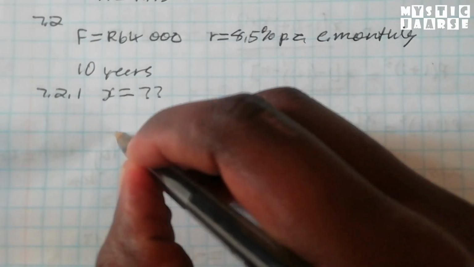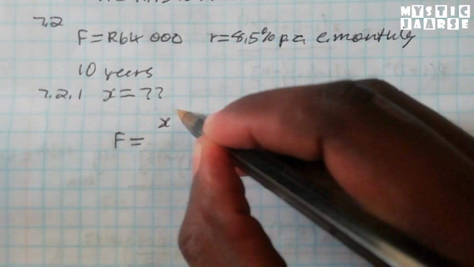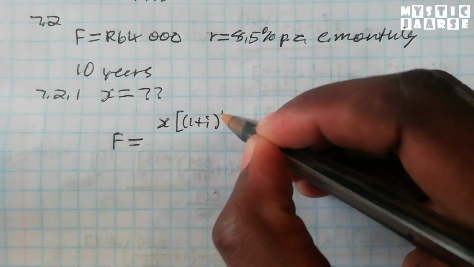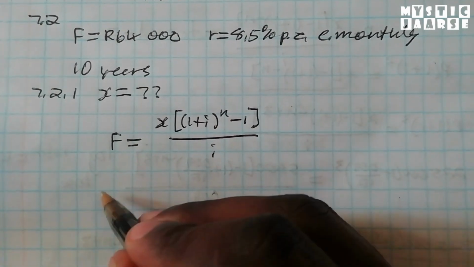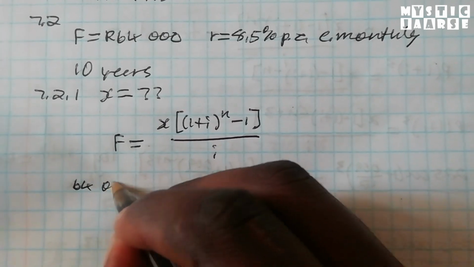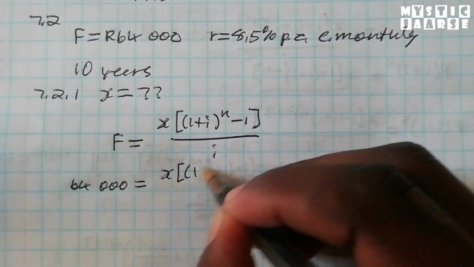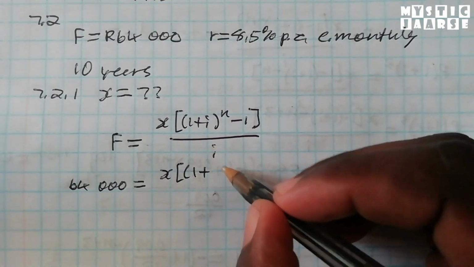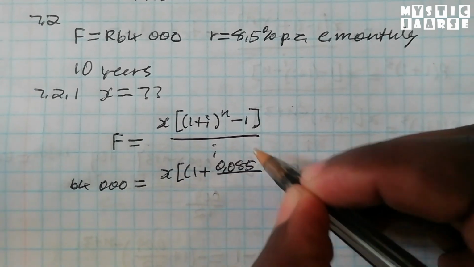The future value annuity formula states that the future amount is equal to equal payments made per period, x, into open bracket 1 plus i to the power of n minus 1, close, divided by i. Now Andile wants to have 65,000 rands in his bank account. Solving for x, 1 plus interest rate as a decimal: 8.5 divided by 100 is 0.085, divided by compounding frequency.